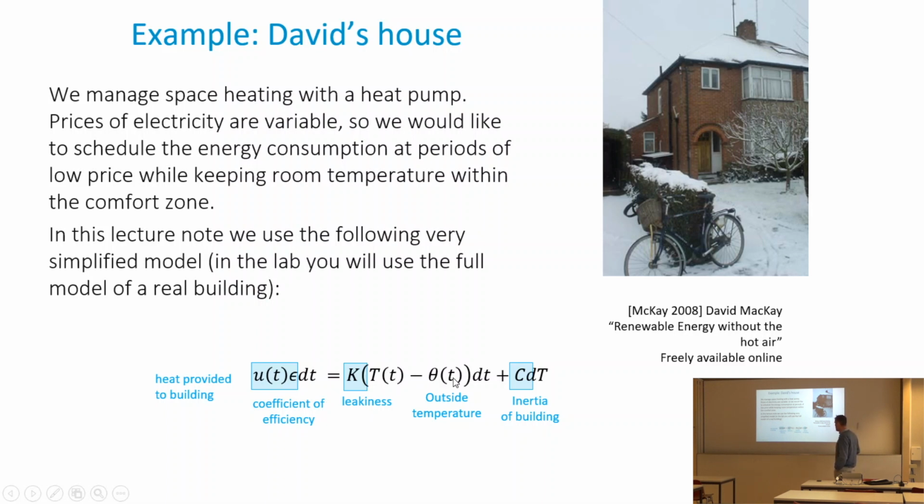The disturbance is the outside temperature. If it's warm outside, the house will leak less heat. To have a concrete and more accurate model, we will need to model also irradiation. If we have a sunny day, then the sun will heat the house for free, so that will also be a disturbance.